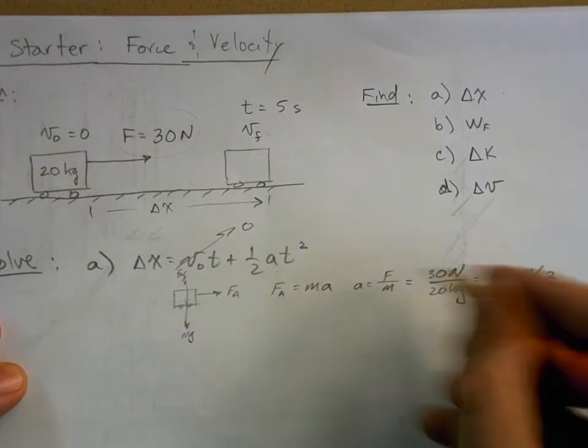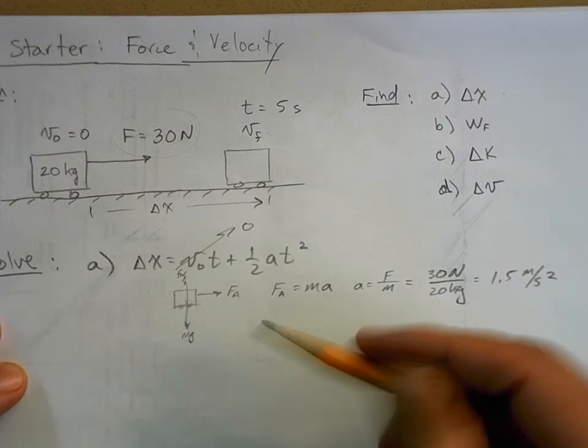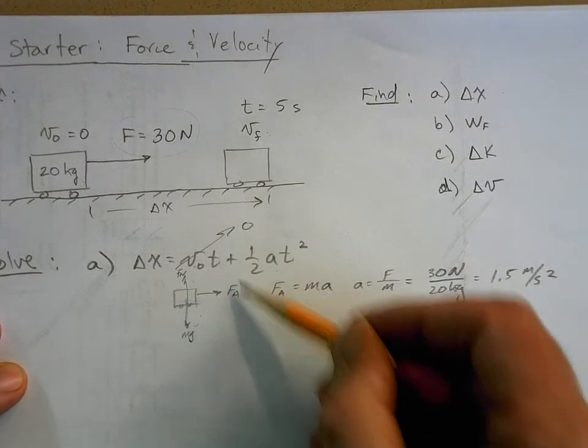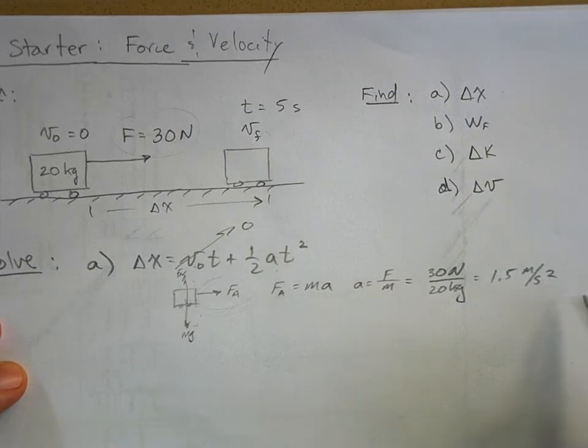I could put some of the forces in the x direction, but look, I like to at least draw the free body diagram so I see all the forces acting, and I say, okay, that's my net force. There's only acceleration in the x direction, and it turns out to be 1.5.